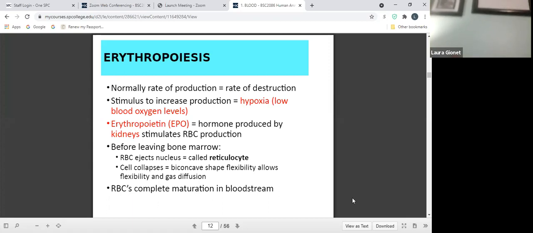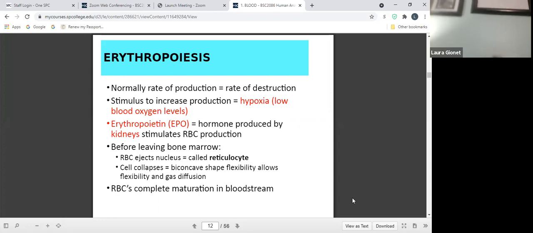They only circulate for about 100 to 120 days, depending on whether you're male or female. And so a certain number are always becoming very fragile and being broken down in the spleen and removed, so you're always maturing some erythrocytes to take the place of those that are dying off, so you can maintain a normal, stable volume of cells.